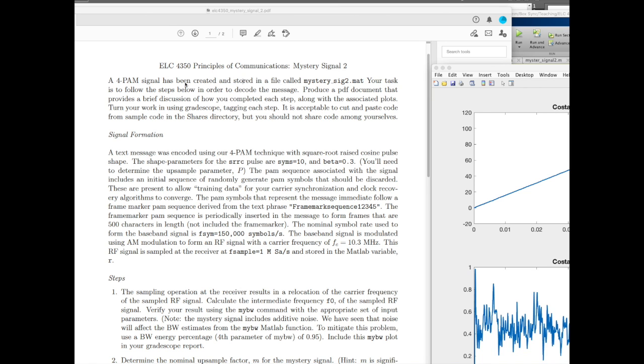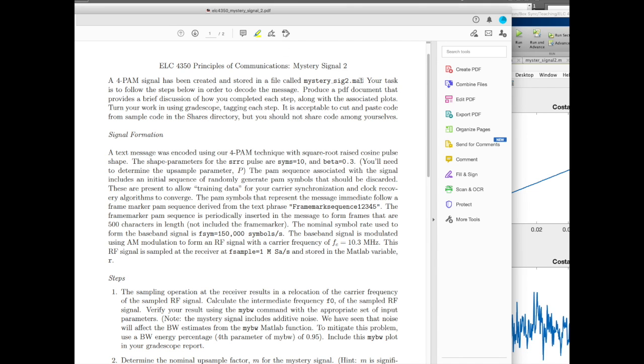All right, so the approach here is very similar to what we've done before. You're looking at loading this Mystery Signal 2 file, and in that will be a signal R and a time vector T. The things that are different is we are now using square root raised cosine pulses, and you'll need to know these parameters for the match filter step.